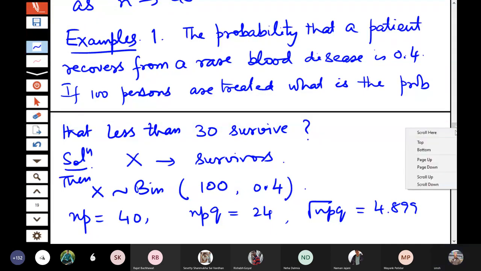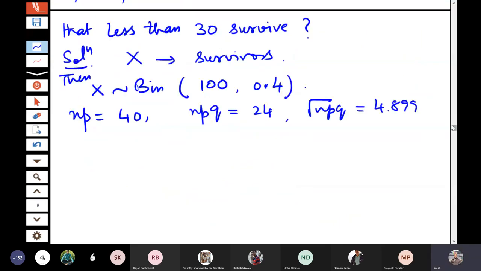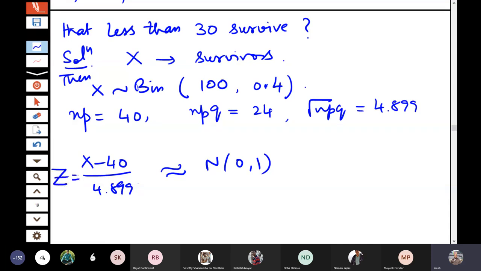So (X minus 40) divided by 4.899 is approximately normal(0,1). We will use this. What is the question asked? Probability of X less than 30.